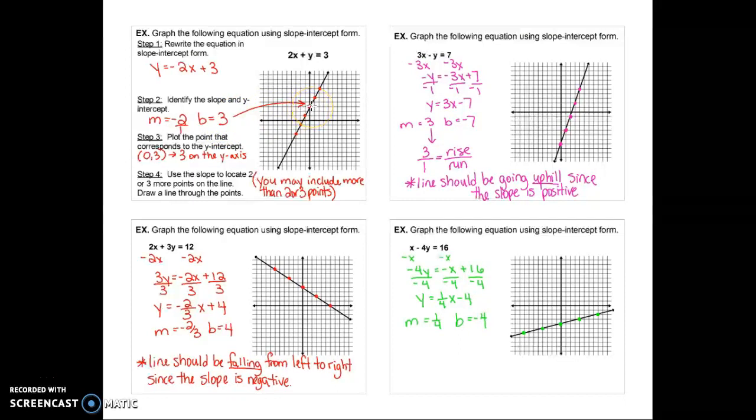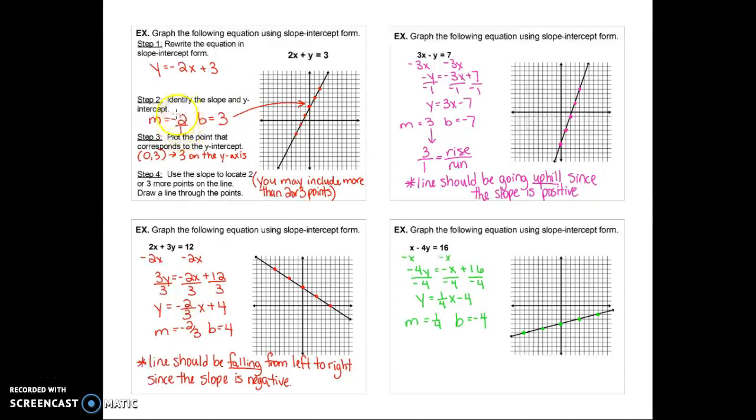Now we're going to use the slope to locate at least 2 or 3 more points. You can do more than that, but you definitely need 2 or 3 points on this line in order to connect it. So now my slope was negative 2 over positive 1.